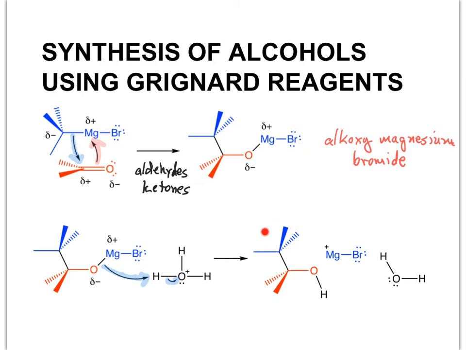Now we have completed our alcohol. This is our alcohol. And then we have a magnesium bromide salt left over, an aqueous salt that we can easily extract and separate from our alcohol. So that's the basic chemistry for using a Grignard reagent to synthesize an alcohol.